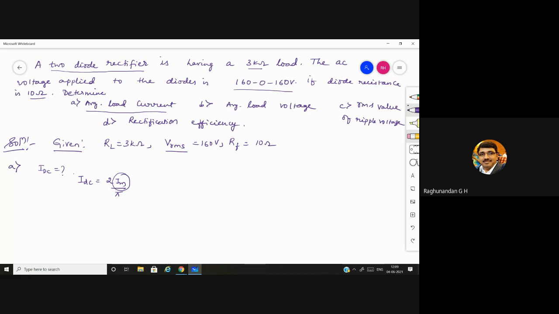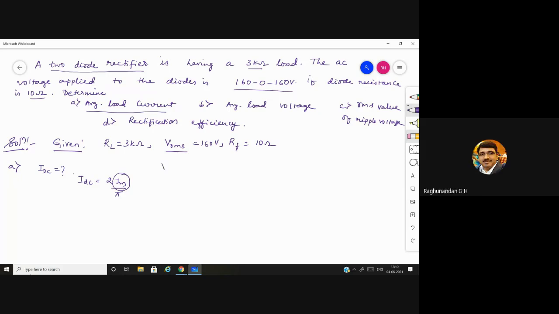What is the relationship between Vm and VRMS? VRMS is equal to Vm by root 2.